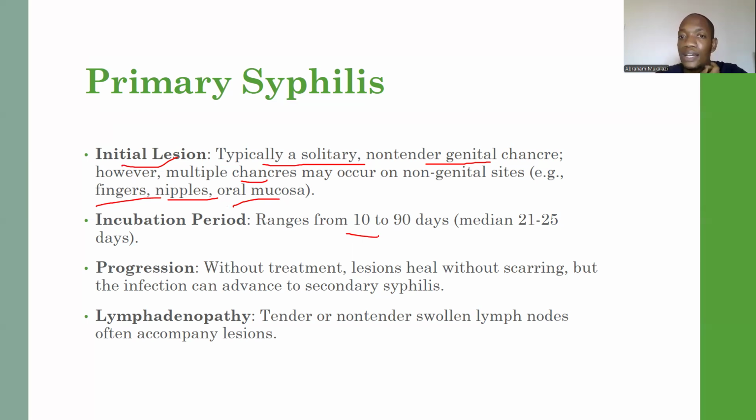So when someone has a non-tender genital chancre or ulcer that is a little bit swollen and indurated, you need to ask about their sexual contacts for the past 3 to 4 months. They have to be able to tell you if they have had unprotected sex in that period of time. It may not be just the last week or last month. It can go backwards as many as 90 days.